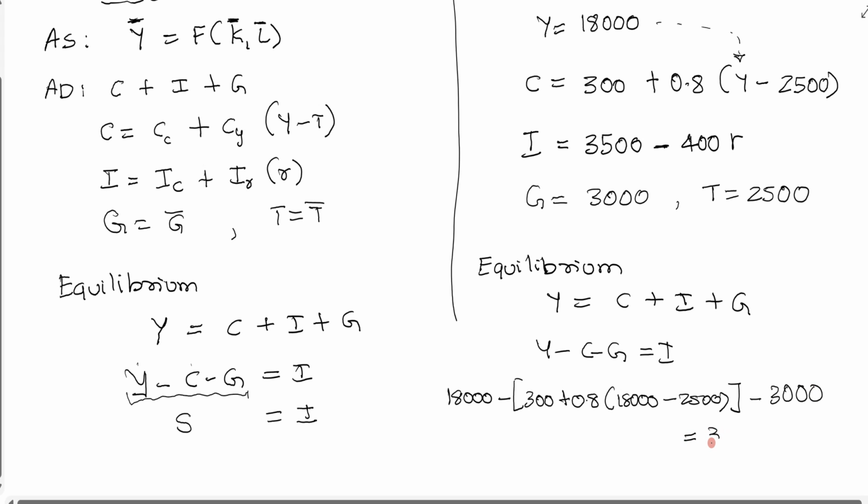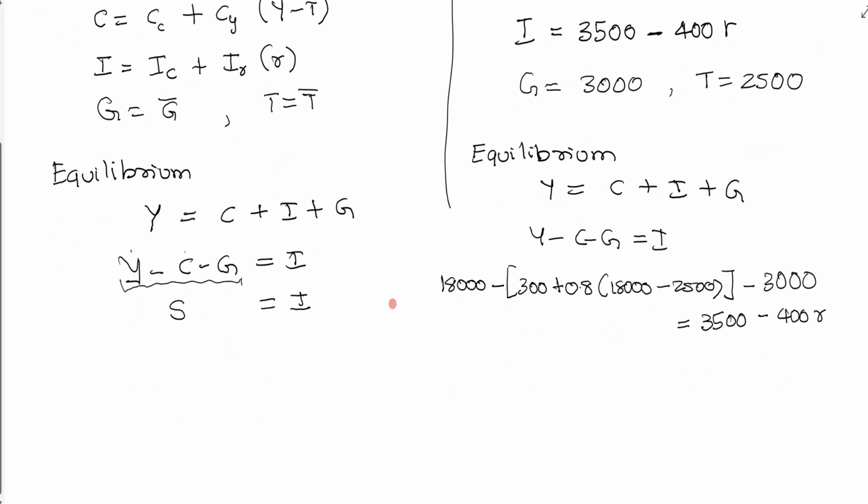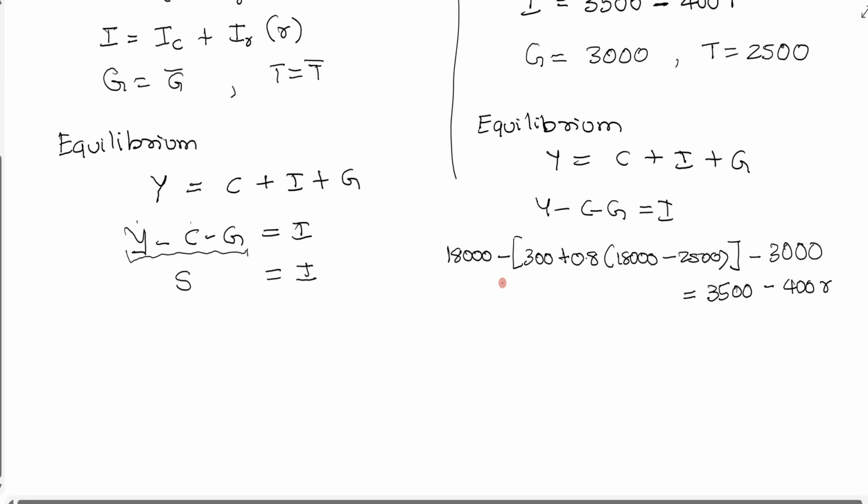So I is 3,500 minus 400 R. When you solve for this, you will get R equals 3.